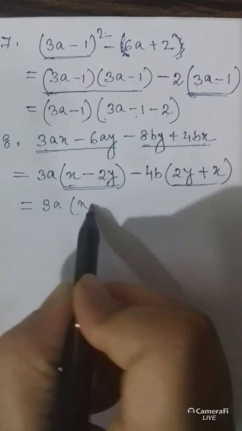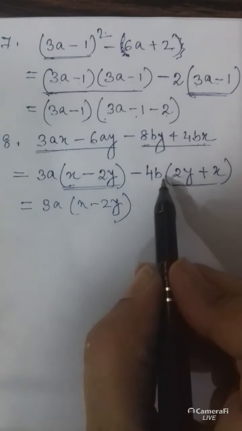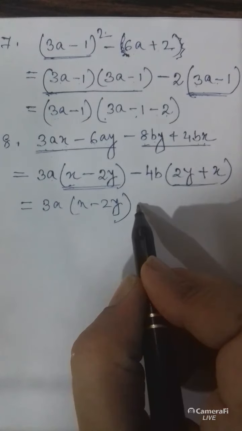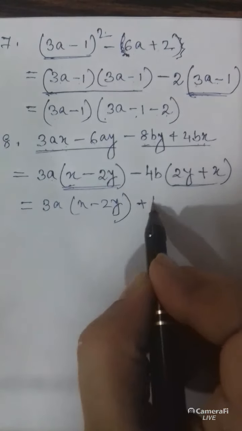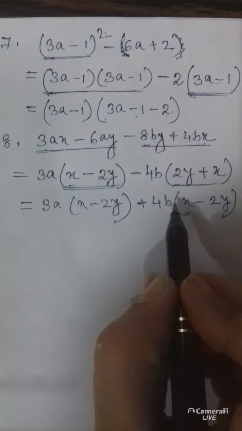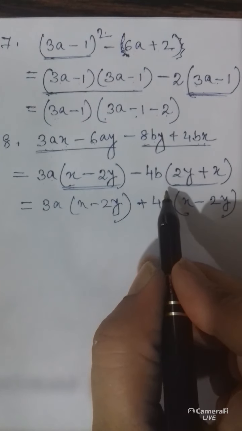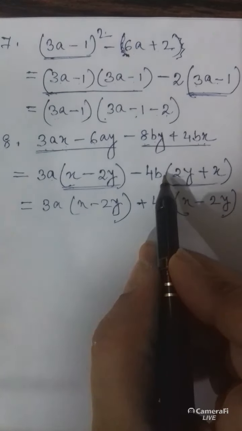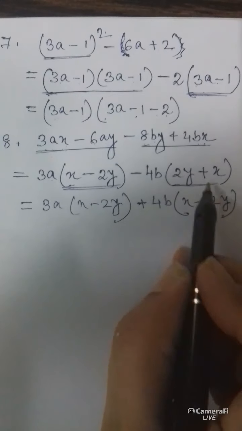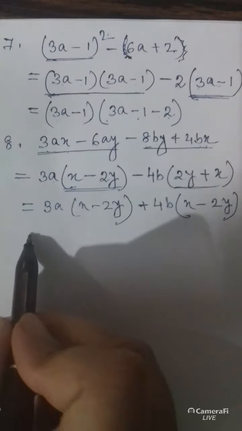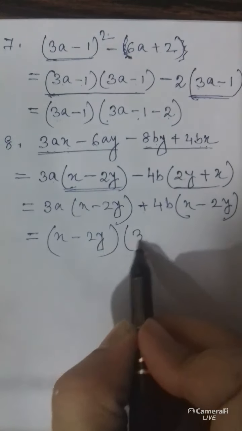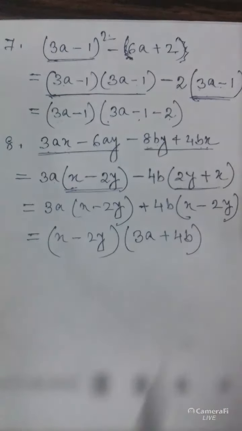See, in 4b into 2y plus x, if we take common minus, then minus and minus make plus, it is minus 2y and this is x. So x minus 2y is common, and this is 3a plus 4b.